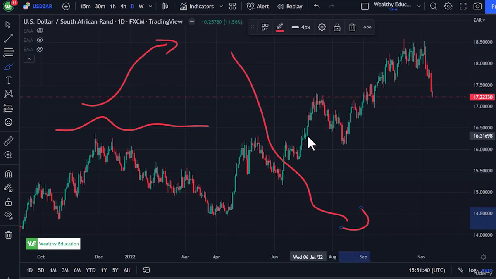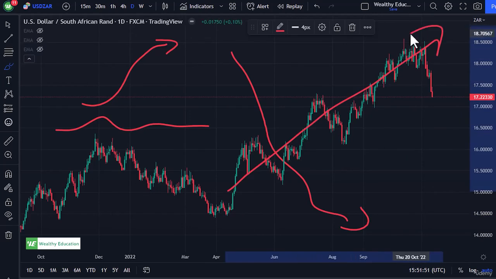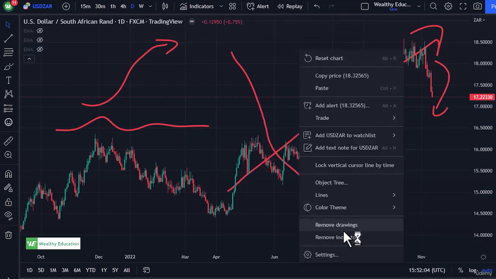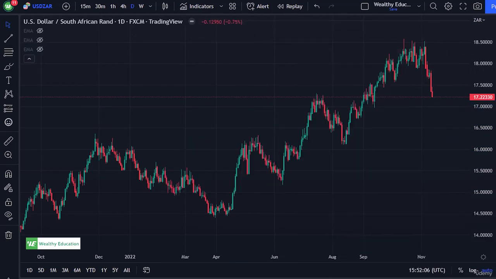And you have to ask yourself, for example, there is bullish momentum longer term on this US dollar South African rand chart. There's bearish momentum to the downside over the last week or so. With that being the case, you need to understand momentum and whether or not the market's actually moving in one direction or the other.